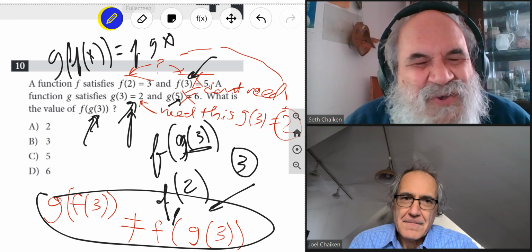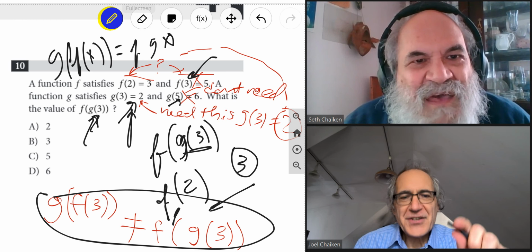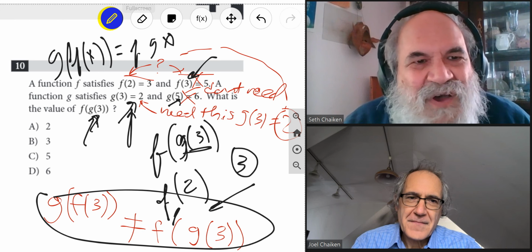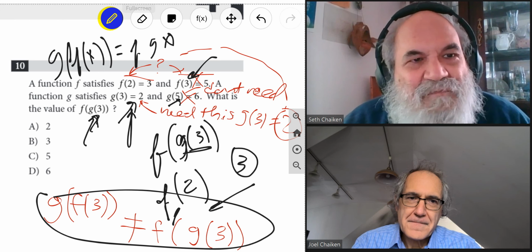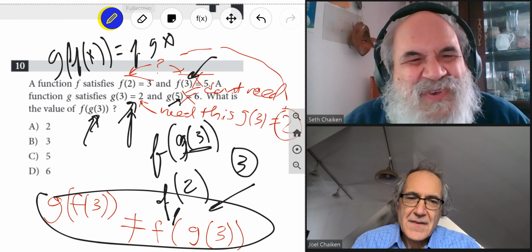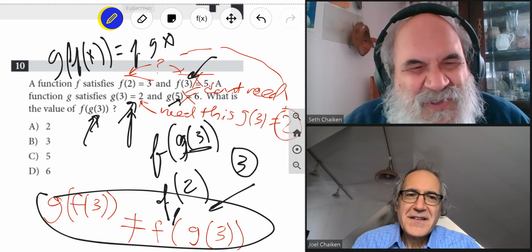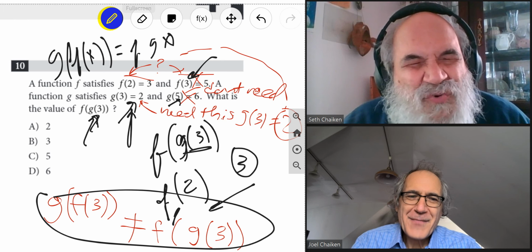But they don't tell you about g of 6, so you don't know. But f of 3 is 5, and f of 5 is 6. These are possibly functions, but they don't tell you anything about them other than their values at two inputs.